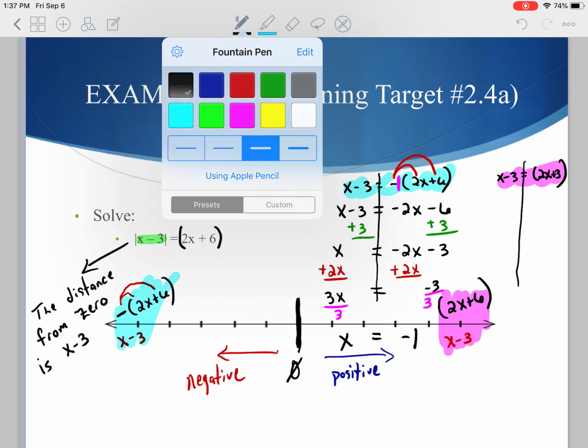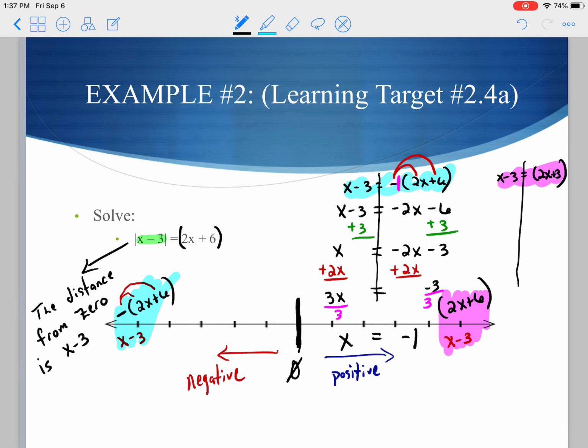In the second equation, because there is not a negative in front of the parentheses, that is an implied positive. Well, if I were to distribute the positive, I would be distributing a positive 1 using the multiplication property, the identity property of multiplication, where anything multiplied by 1 is itself. Essentially, nothing's going to change inside the parentheses.